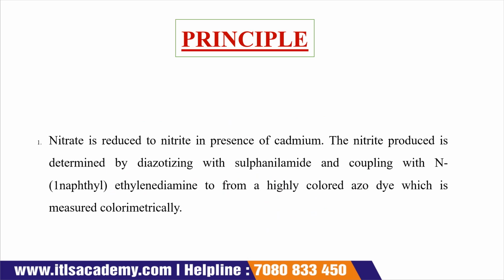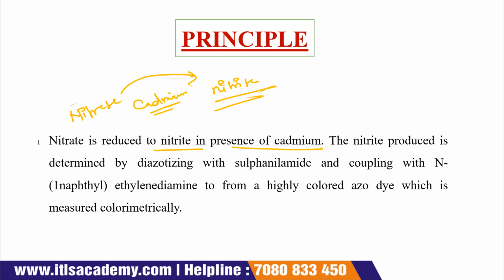Principle. Nitrate is reduced to nitrite in the presence of cadmium. The nitrite produced is determined by diazotizing with sulfanilamide and coupling with N-(1-naphthyl)-ethylenediamine, so that it forms a highly colored azo dye.